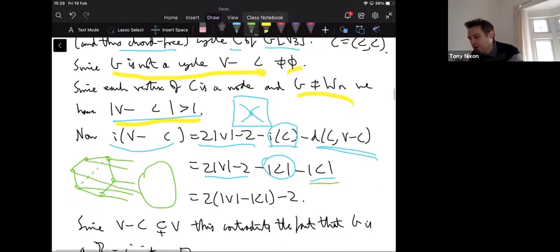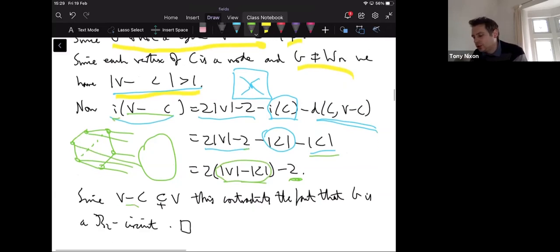But I've now got 2V minus 2C, which is the number of vertices over here, and I've got a minus 2. But this is a proper subset of the vertex set with a minus 2 here on my count rather than at most 3. So this is a subset which contradicts the definition of a circuit. So we've proved that this subgraph of nodes, when we're not a wheel, is cycle free.